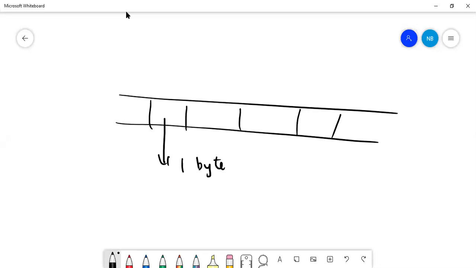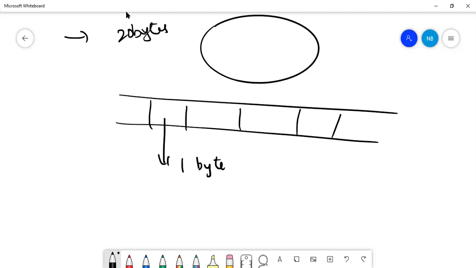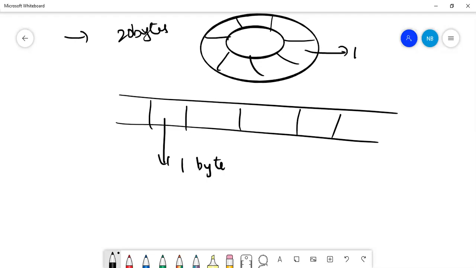For our convenience, we take the circular array implementation as 20 bytes, each of 1 byte size. Every piece of information will be gathered here, and within this circular array there are different sections.